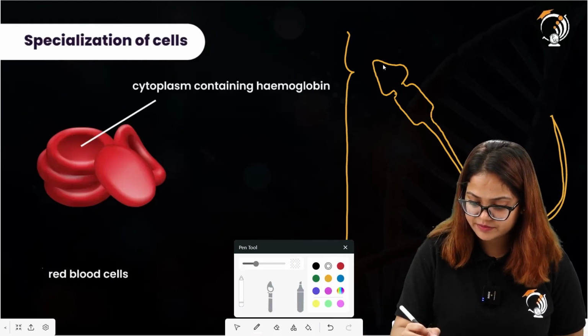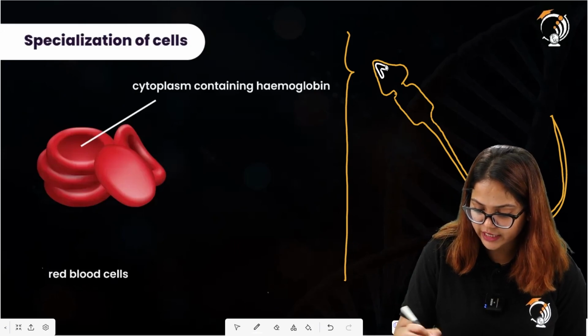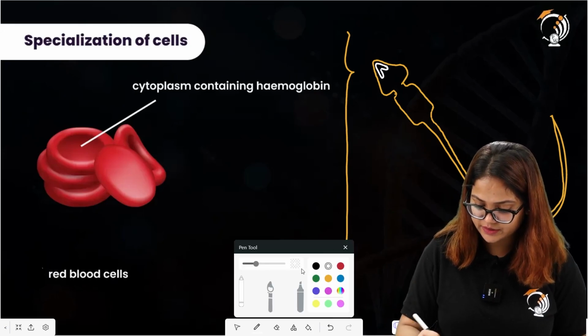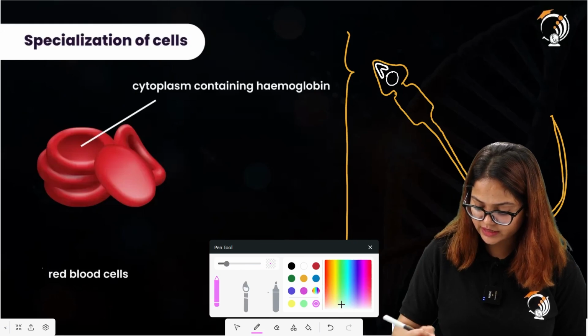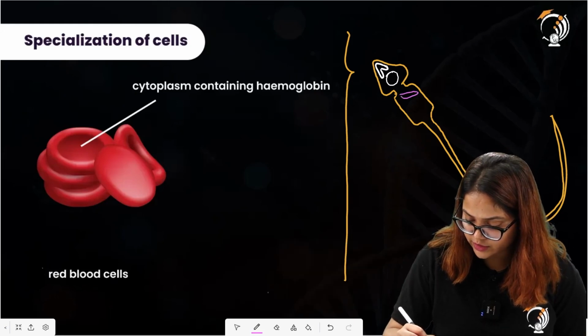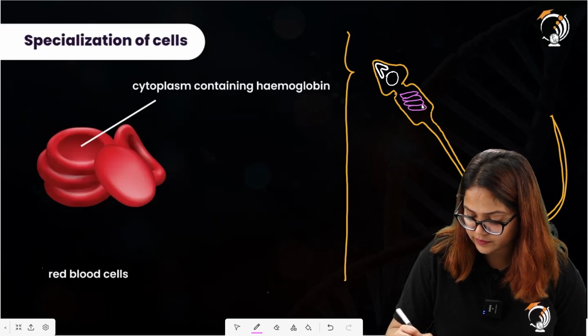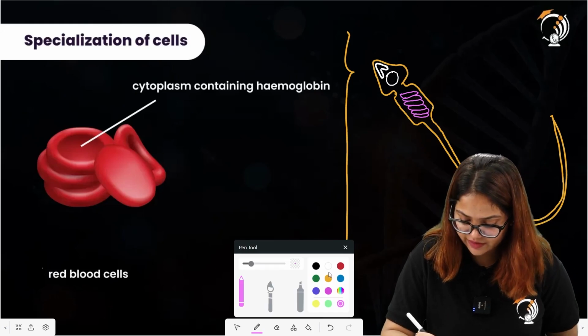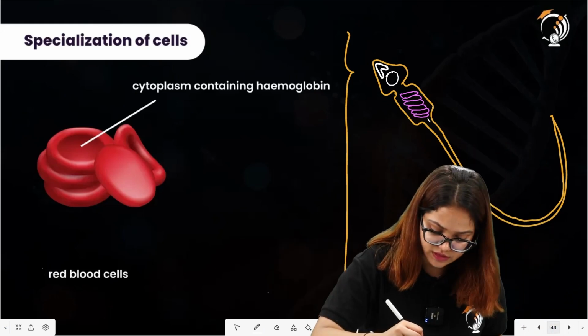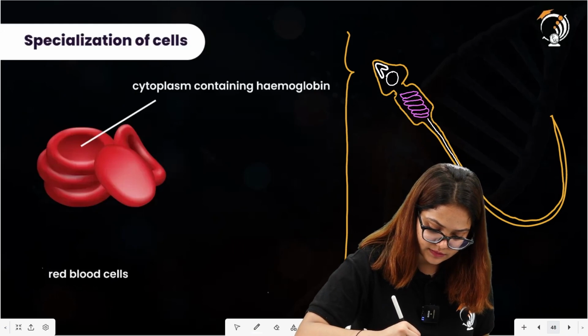We have in the head a region of acrosome. We have in the head the nucleus. We have in the mid piece mitochondria to provide energy for swimming, and we have the tail over here.